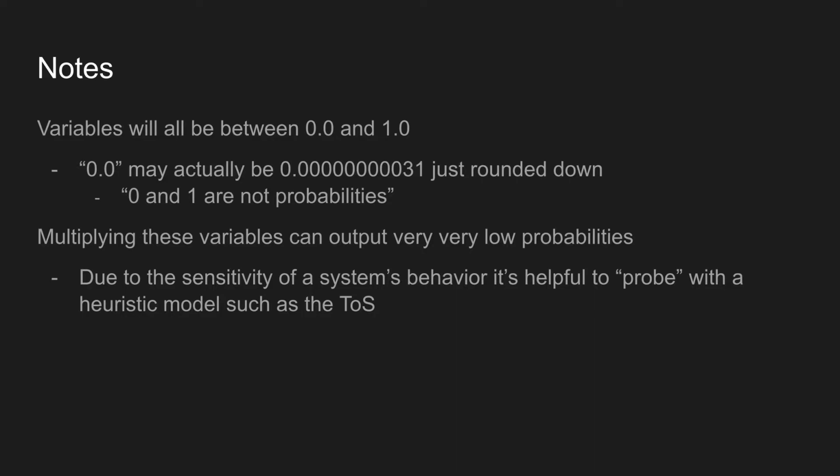It might actually be 0 point and then a ton of zeros and then 3, 1 or something like that. So just assume that 0 and 1 are theoretical and we don't ever necessarily hit those, because in some sense you're always applying a bit of magic. And if you were able to get a psi level of 1, then you'd be able to achieve anything.